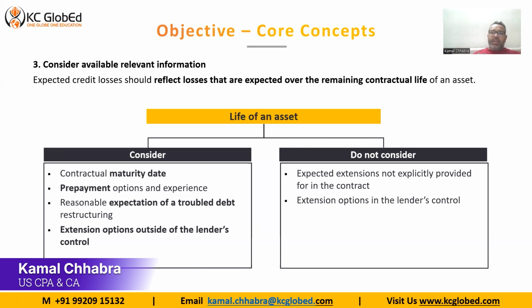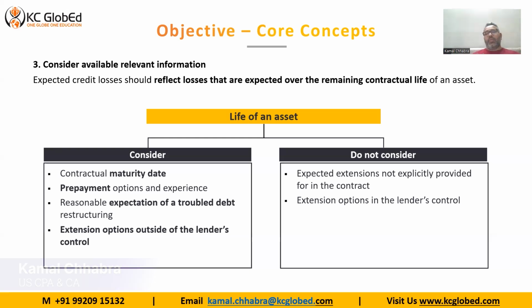So here, life of an asset. What do you need to consider? The contractual maturity date, prepayment options and experiences, reasonable expectation of troubled debt restructuring, and extension options outside the lender's control. What you should not keep in mind is an expected extension not explicitly provided for in the contract, or an extension option in the lender's control.